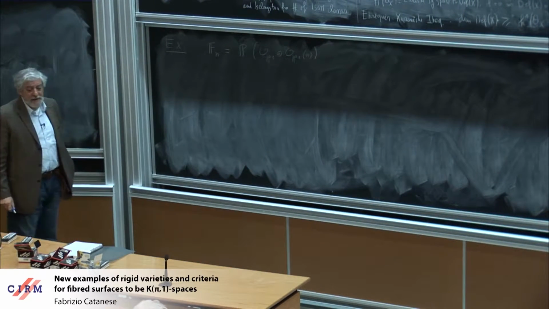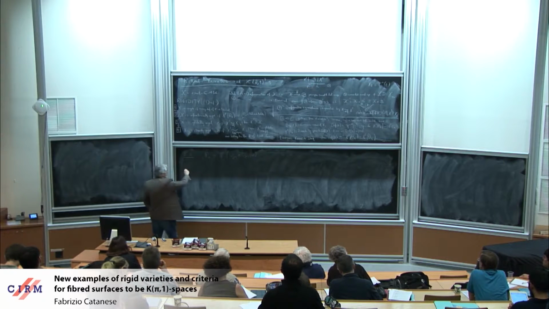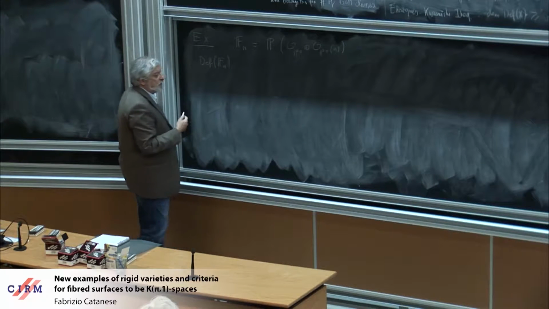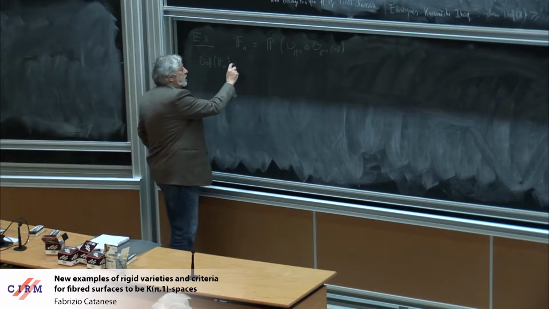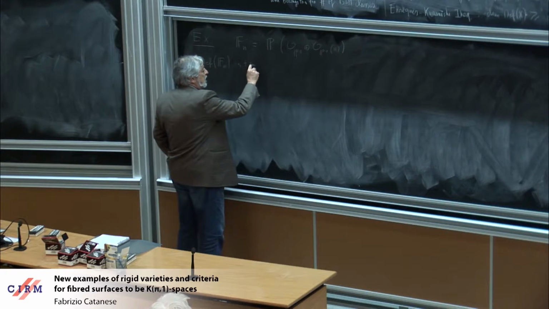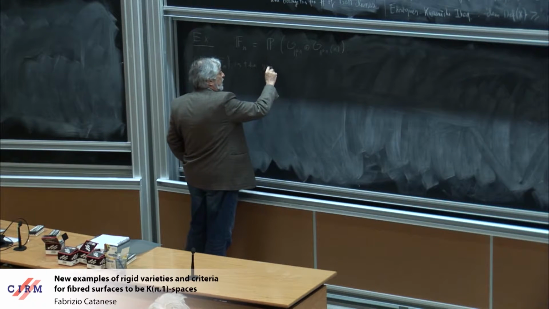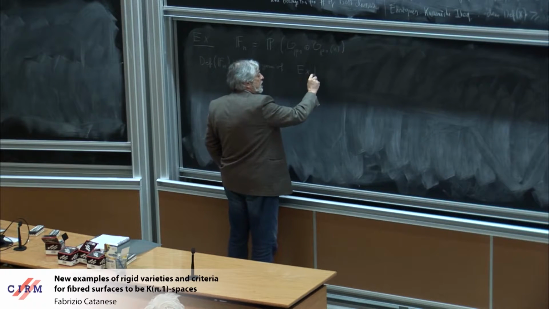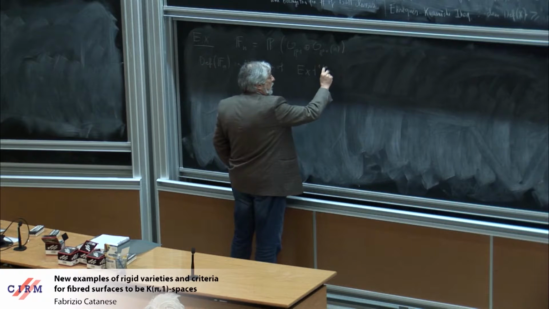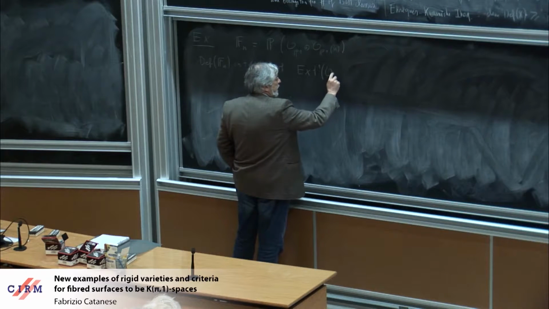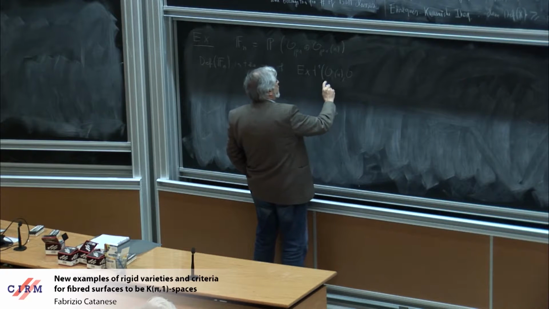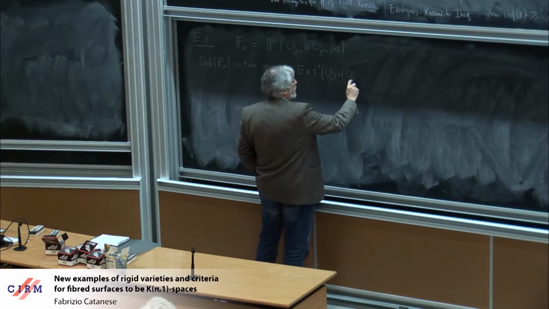In this case, the deformation space of Fn is a germ of a complex manifold, and this vector space is Ext1 of O_P1 and O_P1(n).